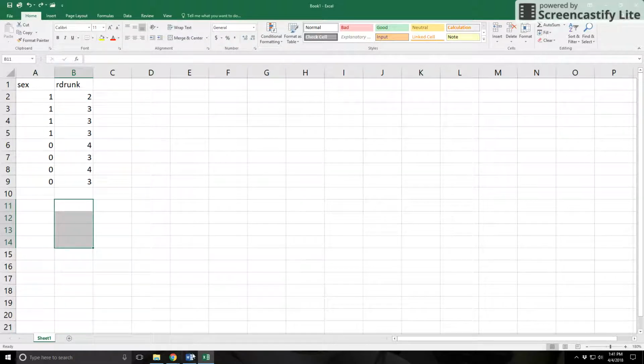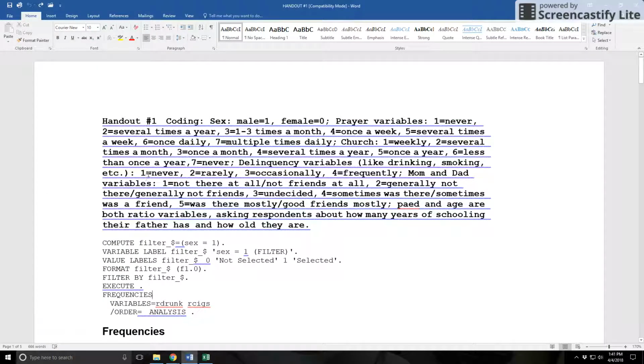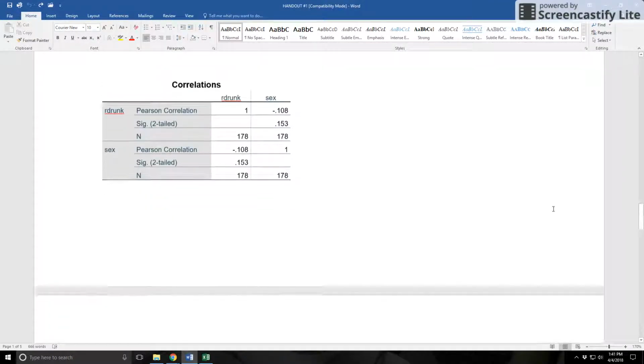What does that mean? Go back up and look. They were more likely to say they didn't get drunk. So if this little number could talk, it would say this is not a significant association, but men get drunk less than women. We'll keep going over examples of these, but that at least is how you would interpret a correlation where one of the variables is dichotomous.